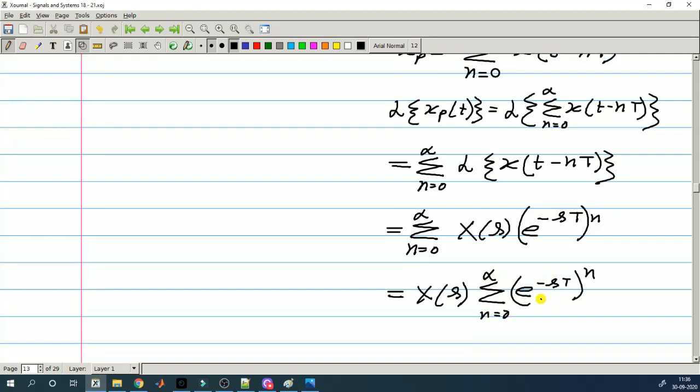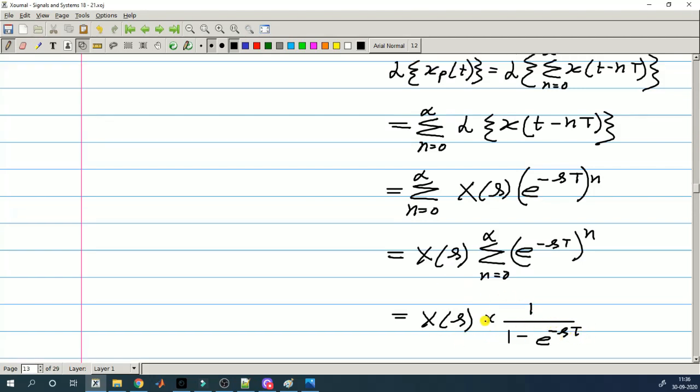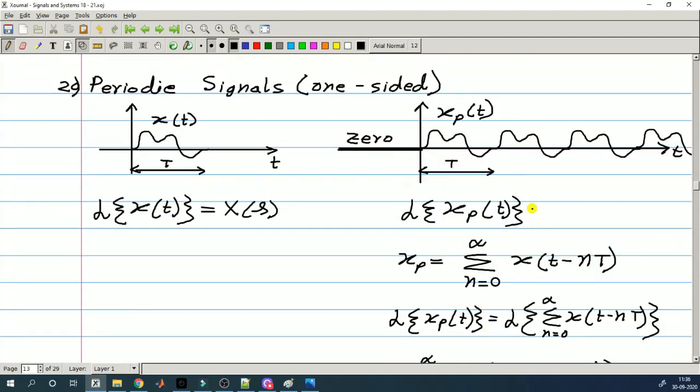This is a geometric series and it will be equal to capital X(s) multiplied with 1 divided by 1 minus e to the power minus sT, and this is the answer. So Laplace transform of this periodic signal will be capital X(s) divided by 1 minus e to the power minus sT.